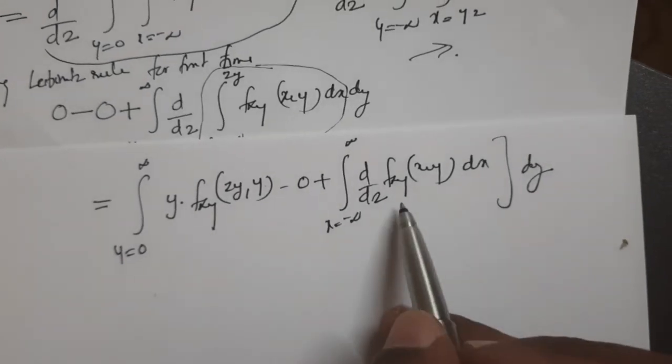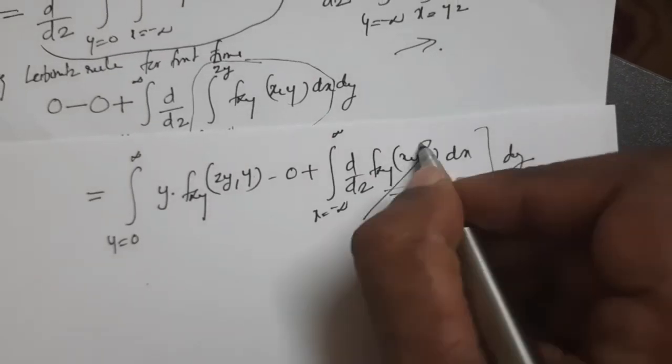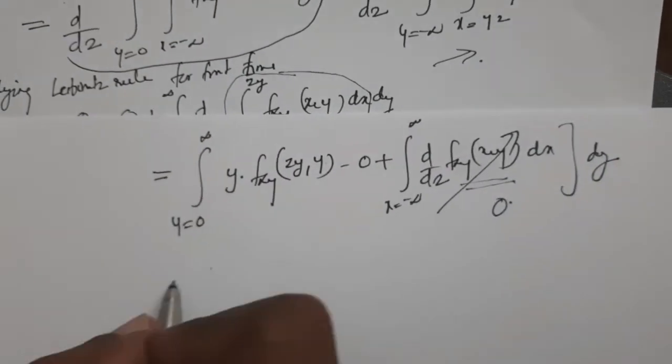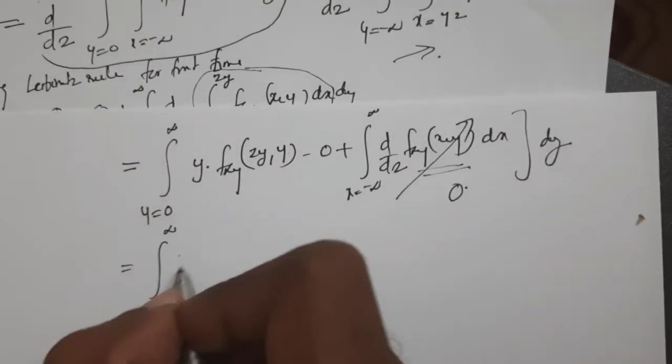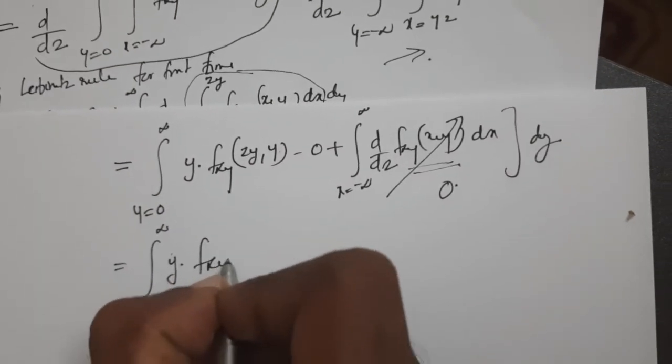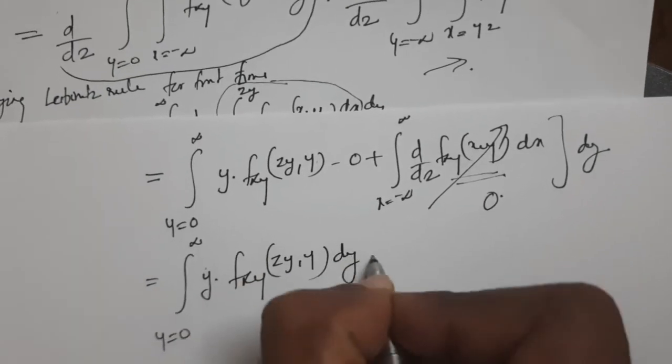We know that this is independent of z, so d by dz of this quantity is 0. Finally we get the integral y equal to 0 to infinity of y times fxy(zy, y) dy.